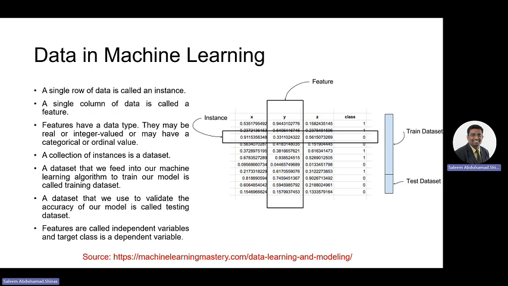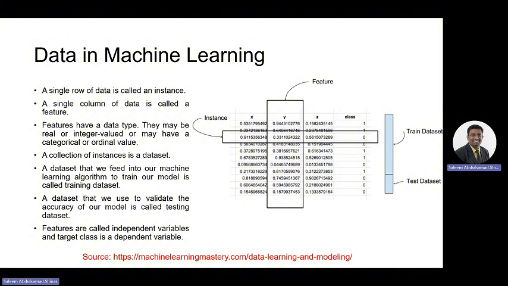This data set we can divide into training data and testing data, because we have to give it as an input to the machine learning model to learn and for predictions. That's why we divide the data into 2 parts: one for training, another for testing.